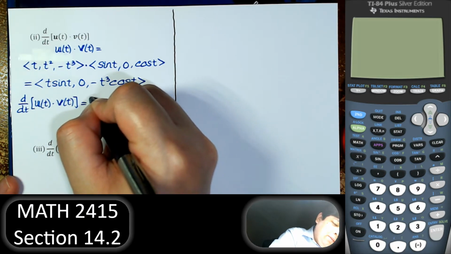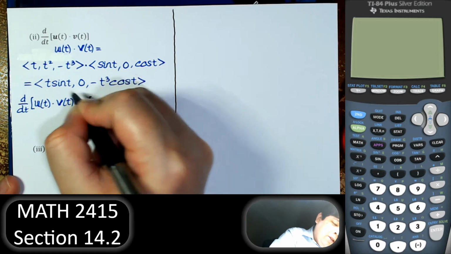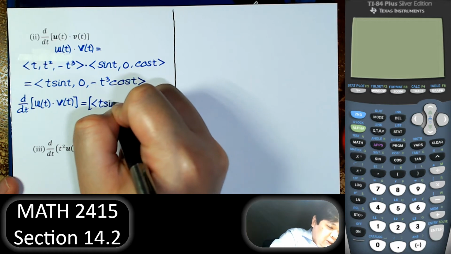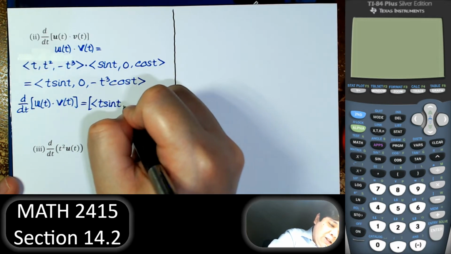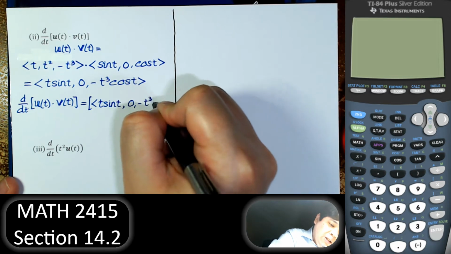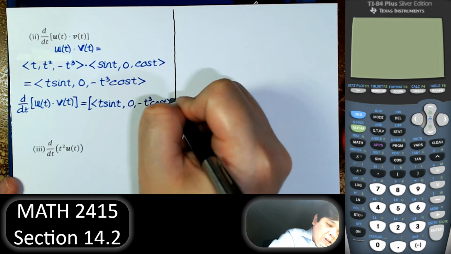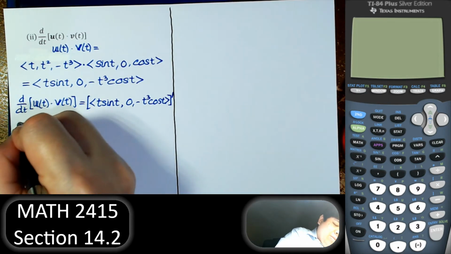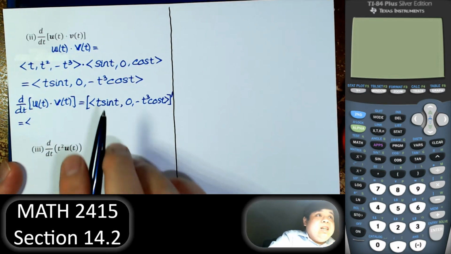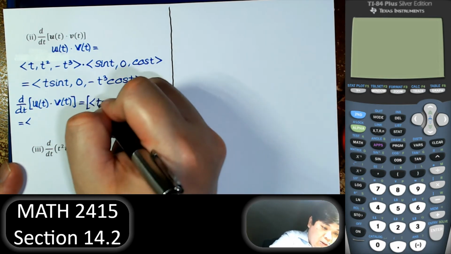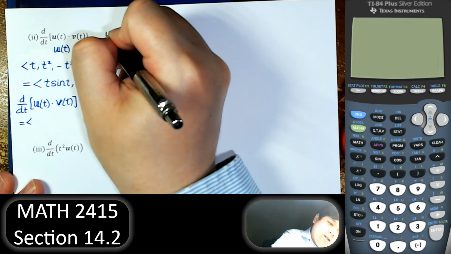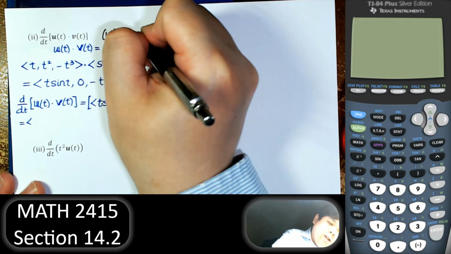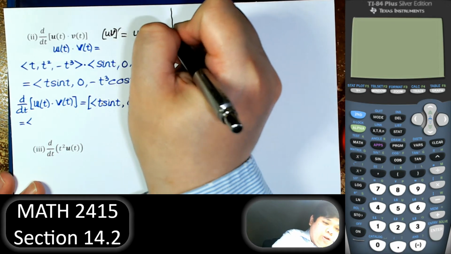Just the derivative of this pretty much. Right. Yeah. t sine t by itself is a dot product. So the derivative of uv is u prime v plus uv prime.